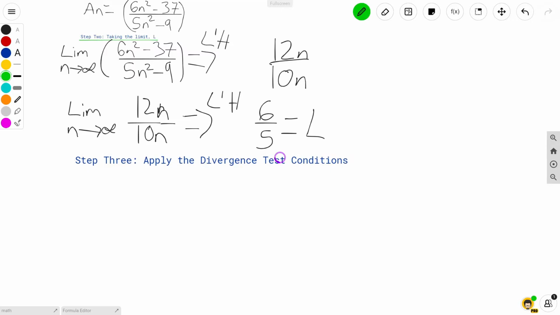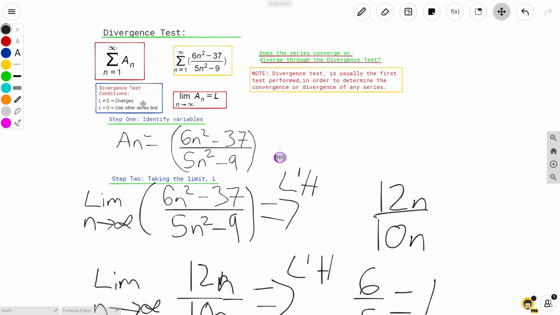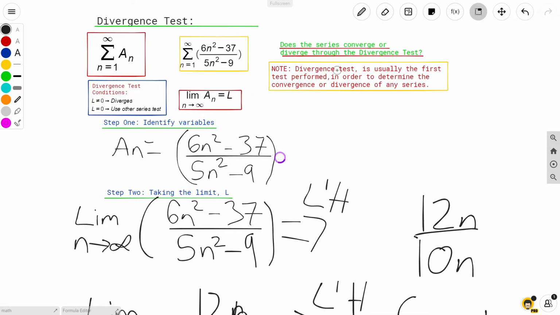What was our L? Our L came out to be 6/5. And now what are the divergence test conditions? So we go to our divergence test conditions, which I'll go ahead and just highlight.